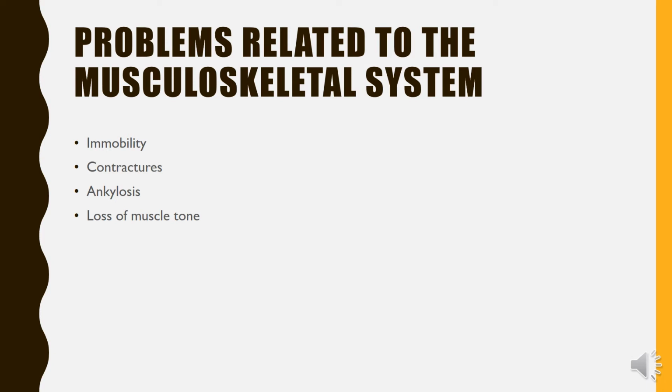Pain may also occur for these patients, so it is important to provide adequate analgesic medications, sometimes heat and cold or even topical pain relieving medications, so that our patients are able to perform range of motion exercises adequately.